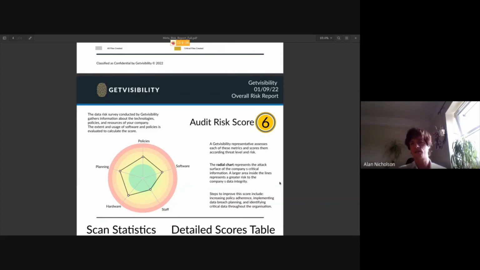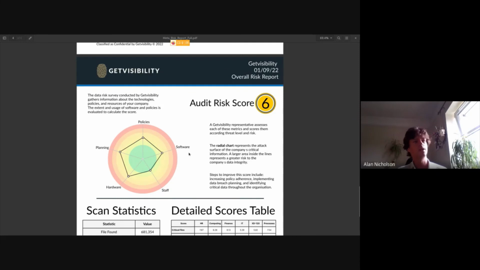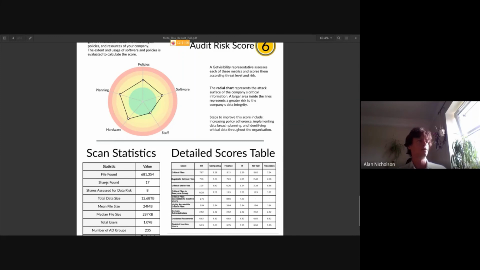So policies in place, whether users are forced to act on while they're classifying data, whether they have antivirus, DLP process, training, the hardware, are these mobile devices that we have critical information on, what sort of endpoints are they, the laptops, are they servers, where is the information, and of course planning, what strategies are in place if exfiltration of data occurs. And finally, we wrap these up with general statistics that help users to just get a more granular look at what we've gone through.